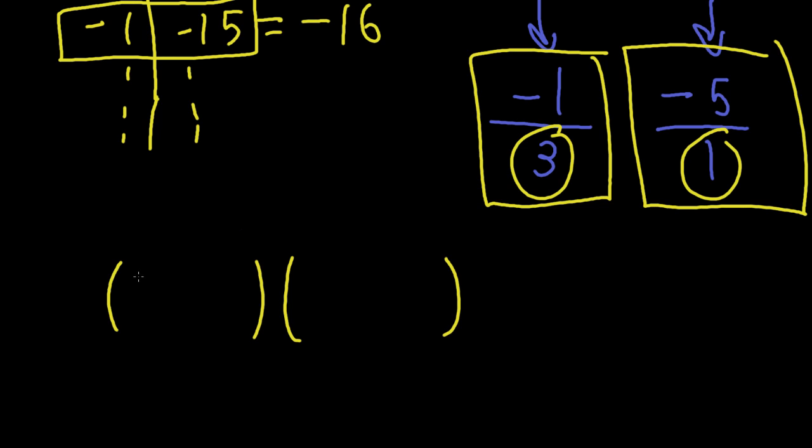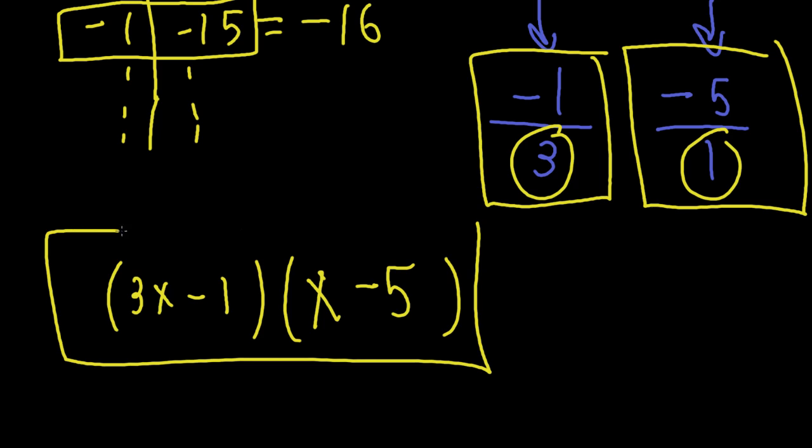So I'll have 3x here, and I would put a 1x from this one, but 1x is just x, so I'll just put x. Then where I would usually put my regular number in the remaining spot, I'll put the number that's on the top. So I'll have 3x minus 1 and x minus 5. And that right there is my answer.